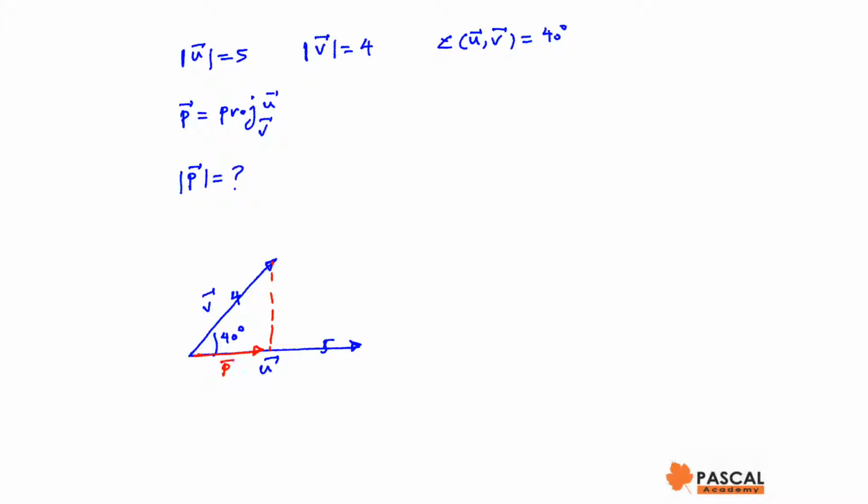P in this diagram is projection of U on V. Magnitude of P is magnitude of U times cosine of 40 degrees.